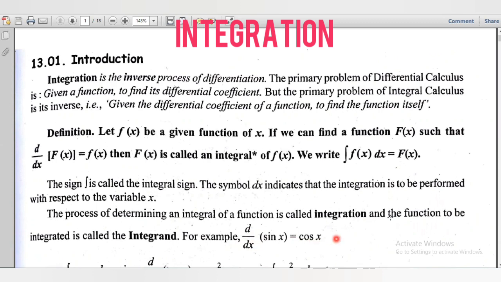Then the process of determining the integral function is called integration, and the function to be integrated is called the integrand. With this example it will be clear: the derivative of sin x with respect to x is equal to cos x.